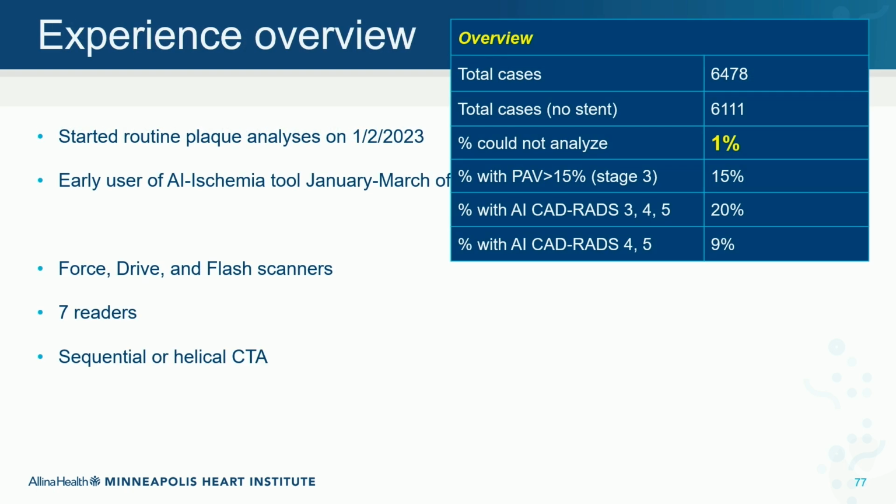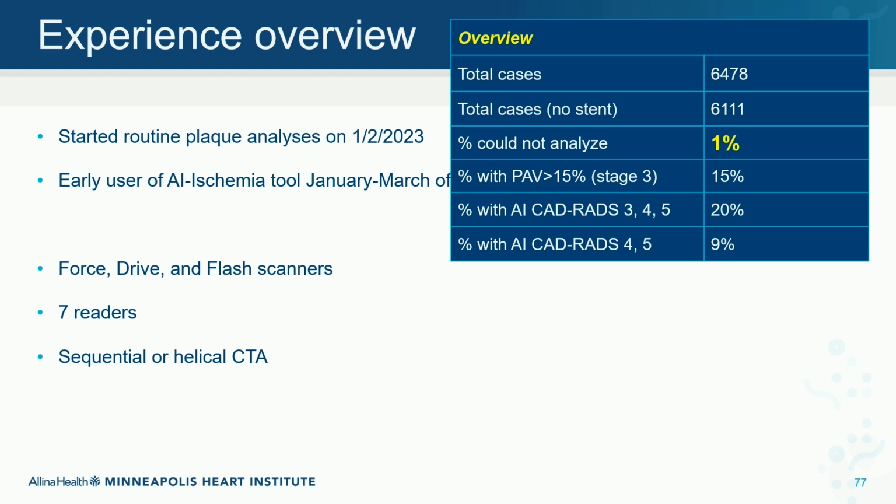So I'm just going to hit you in the face with numbers that we've accumulated. We started routinely sending unselected consecutive patients for Cleerly analysis at the beginning of last year. And we do not adjust the contours, the results that come out.